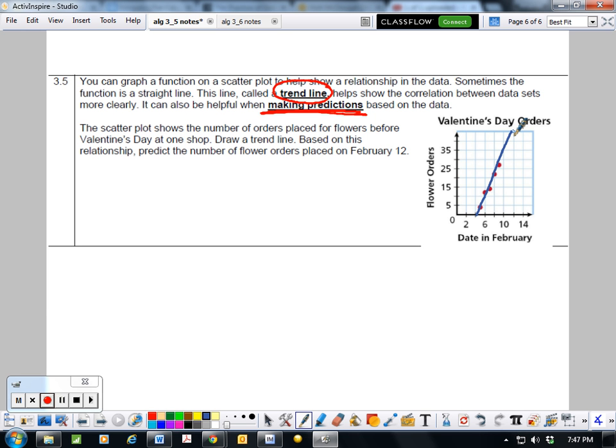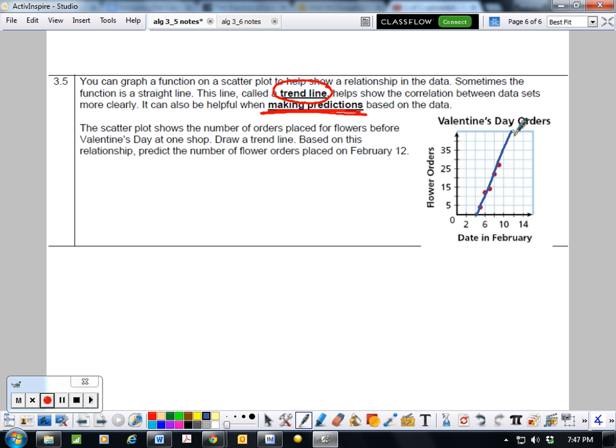Now that I've drawn a trend line, keep in mind, this is just an estimate. We're just sketching it on there. We're not using math to draw an actual line. When we use math to draw those actual lines, it's called linear regression, and it's the line of best fit. We use graphing calculators most of the time to calculate that because the math is so intensive.